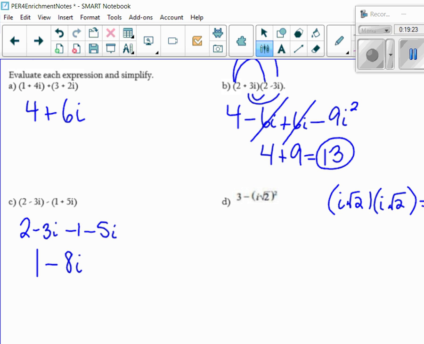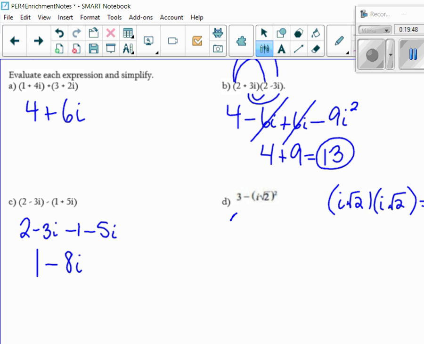Yeah, 4i essentially. Sorry, 4i squared, yes. So what does that equal to? No, no, no. What's this equal to? Simplify that. What's i squared equal to? Negative 1. So 4 times negative 1 is negative 4.